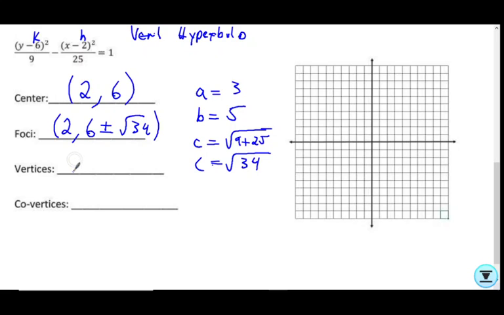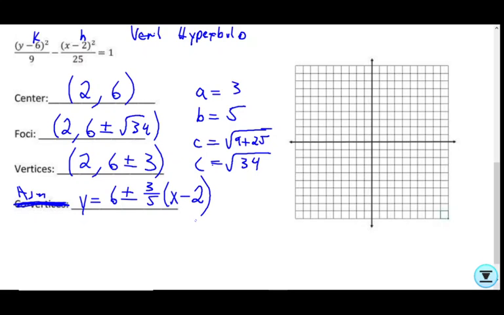Our vertices are going to be at 2, 6 plus or minus 3. And then my asymptotes, the equations, are y equals 6 plus or minus, it's a over b, so 3 over 5, times x minus 2. Okay? So there's all of our information.